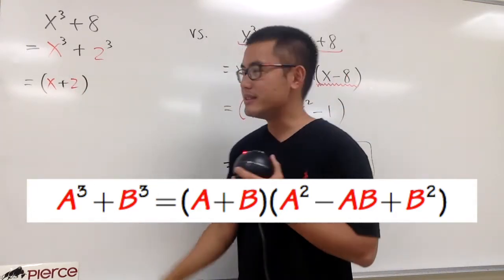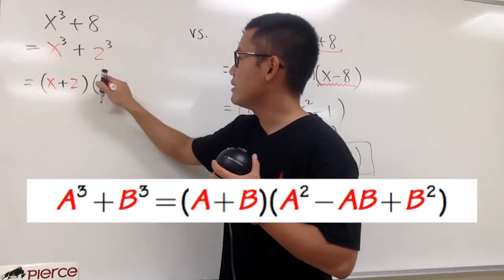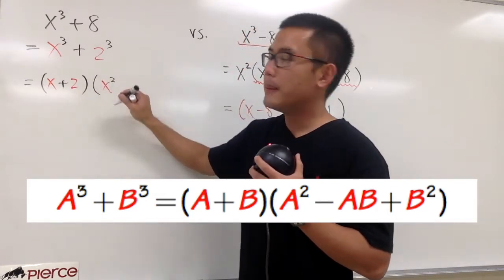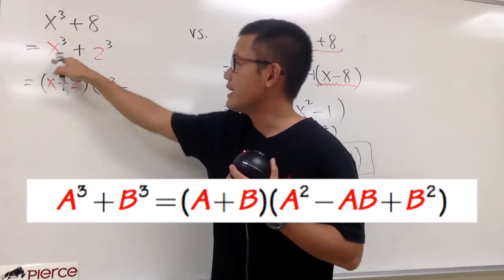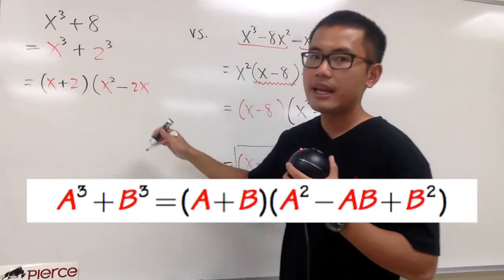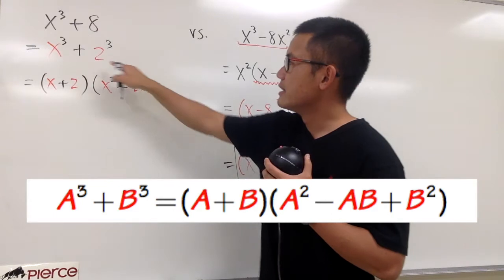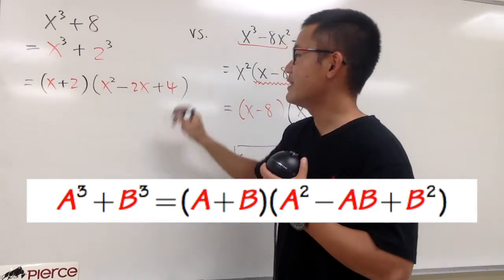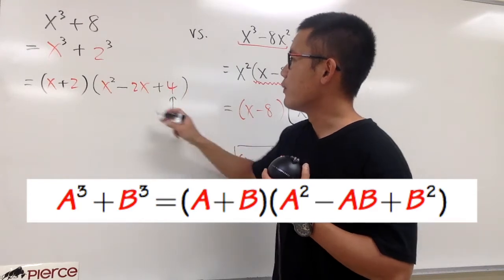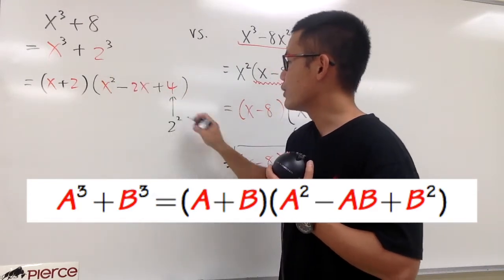And then for the second parentheses, we will have x squared. And then minus this times that. And let me put down 2 times x. Okay? So 2x. At the end, we add this square. 2 squared is going to be 4. And that's it. And you see, to get the 4, we look at the 2 and we square that.